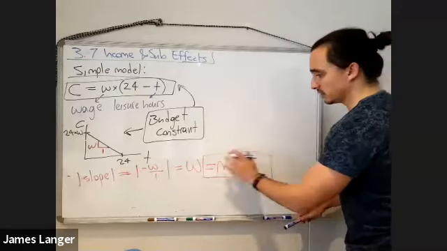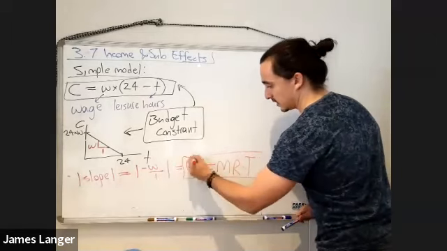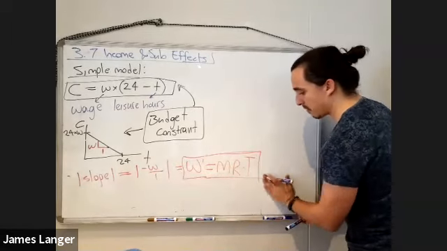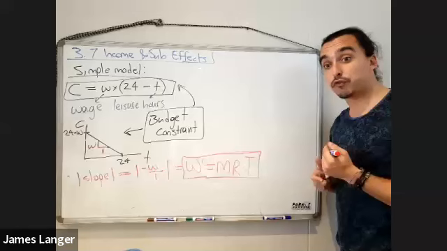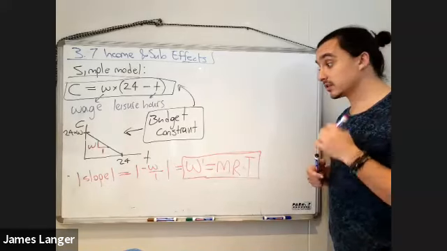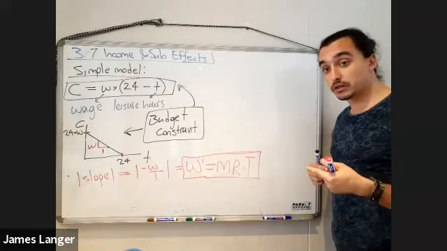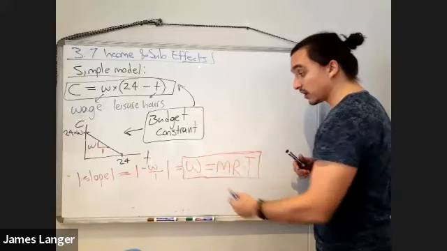Okay, W is equal to my marginal rate of transformation. I'm able to transform 1 hour of leisure into 1 wage rate.